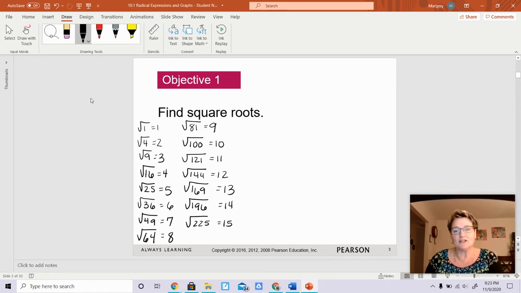Then we also have cube roots. Okay? So cube roots, these are things that you also have to memorize. And these are all things that the ACT exam expects you to remember. So the cube root of 1 is equal to 1. The cube root of 8 is equal to 2.